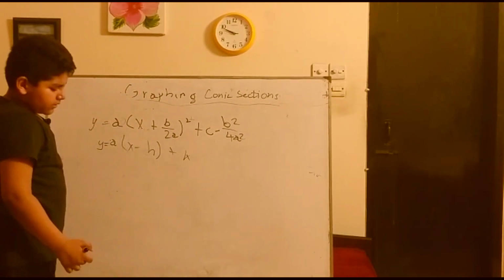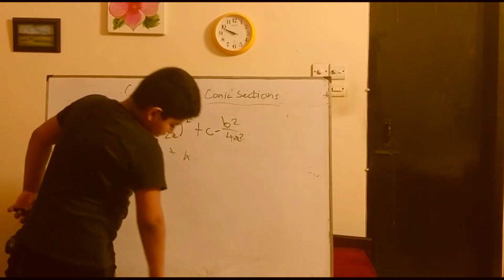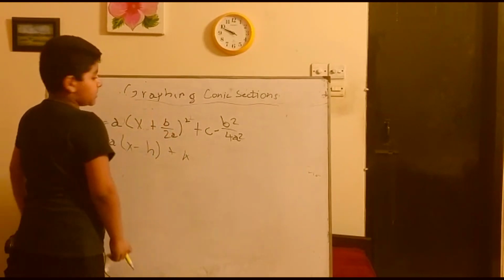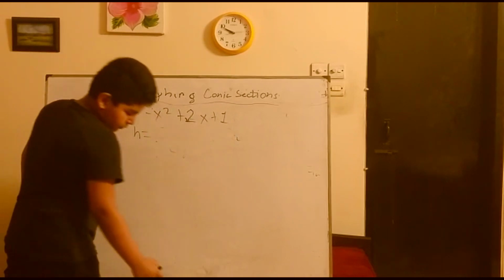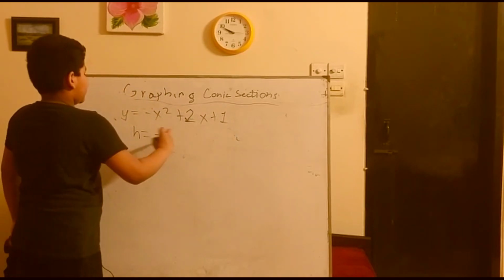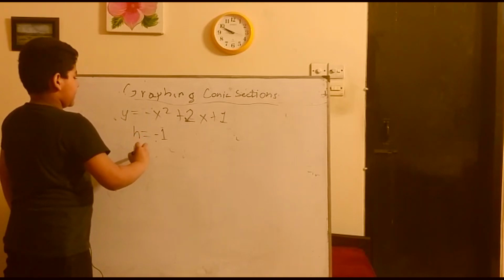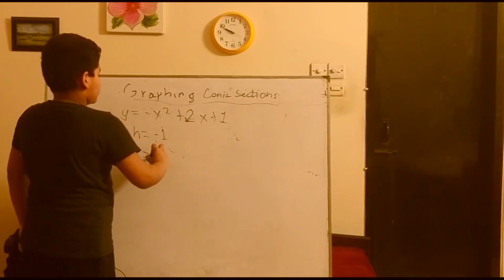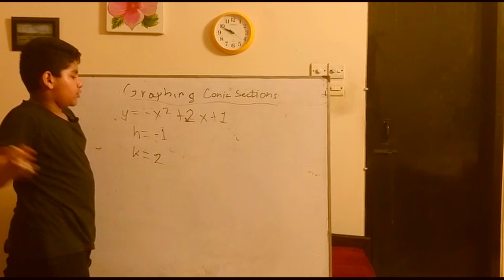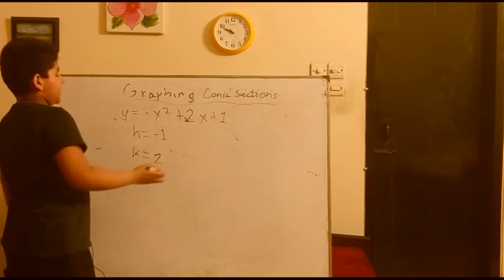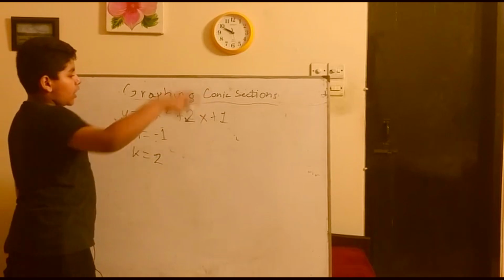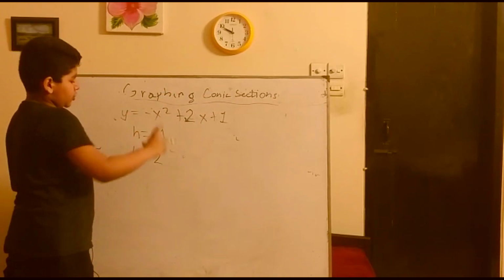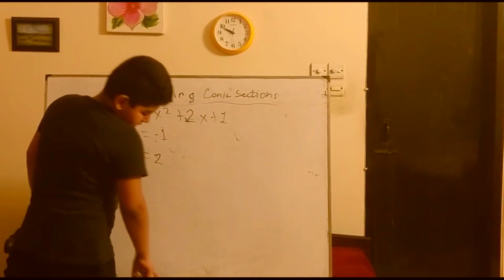So now we have to learn how to graph them in a real equation. So in this equation, we got our h equals -1 and k equals 2. When you do the maths for the equations I have just told you, and you solve for it in this equation, you get these two results.